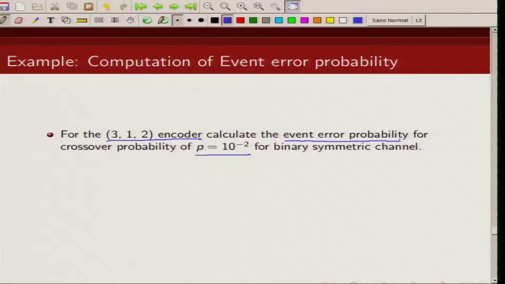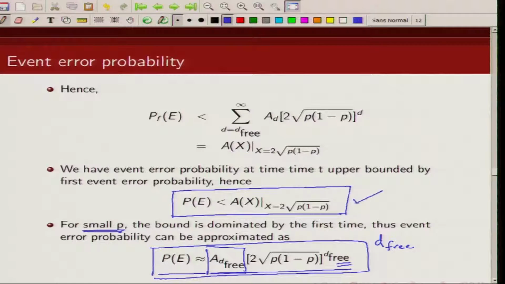Now, we know the bound on event error probability, that is given by this expression, and in this particular example p is very small, p is 0.01. So, we can get the approximate expression of event error probability from this.